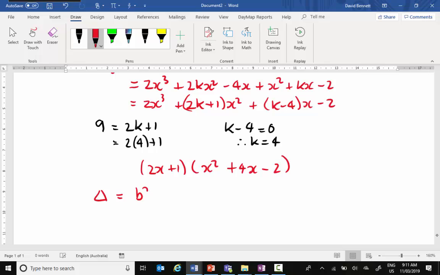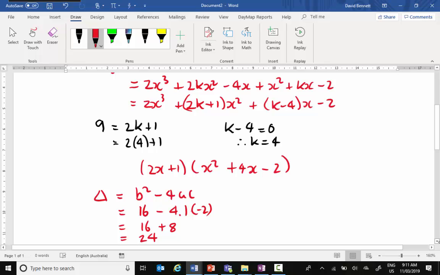That's going to be b squared minus 4ac. So my b's 4, so it's going to be 4 squared, 16, take 4 times by 1 times by c, which is minus 2. So that's going to give me 16 plus 8, which is equal to 24.